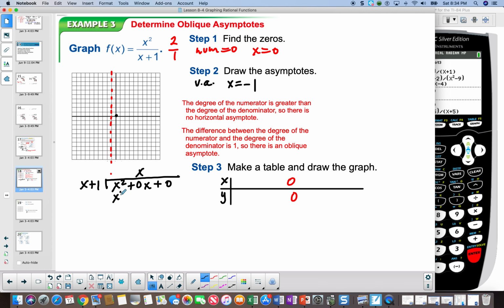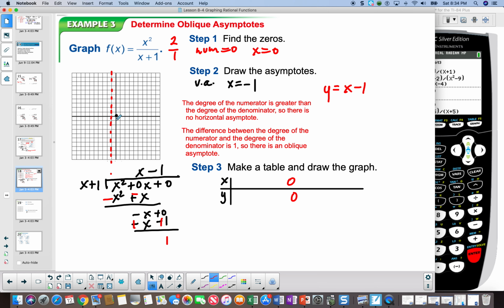I'm going to subtract. So now I have the opposite, negative x plus 0. I'm going to divide. That's minus 1. And then I'm going to change signs. And I disregard the remainder, and my oblique asymptote will be y is equal to x minus 1. The curve wants to follow that.